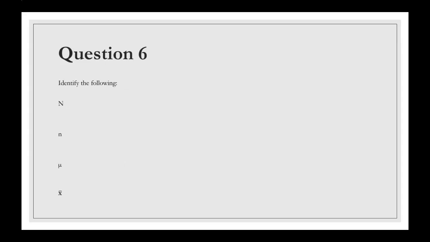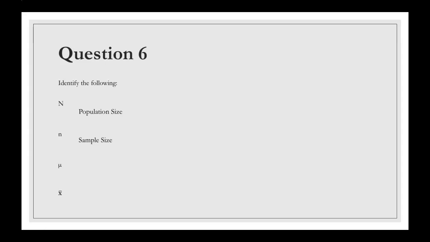Now a few more. Big N, capital N. That is your population size, right? So how many are there in the entire population? That's big N. Little n, lowercase n, that's your sample size. That's the number of observations in a sample. Now, an extra one that I haven't included here in this review is K, right? You guys just learned about K in chapter 19.